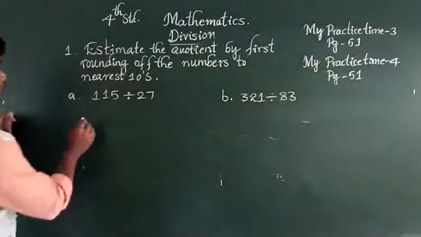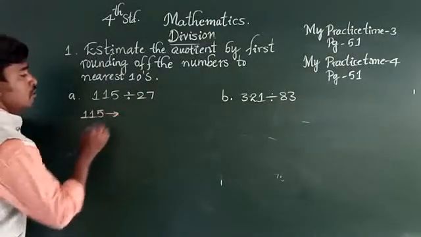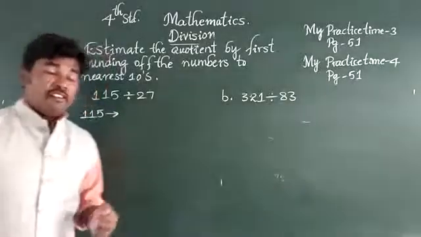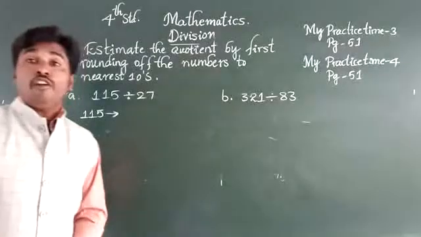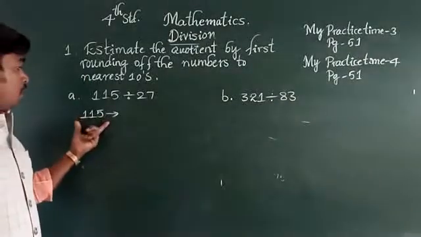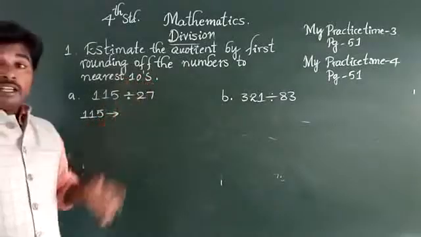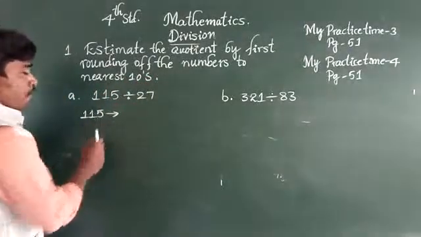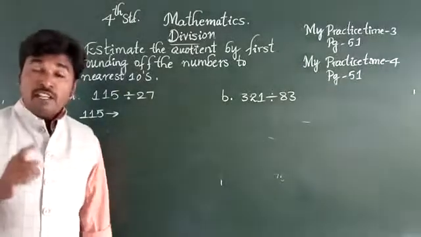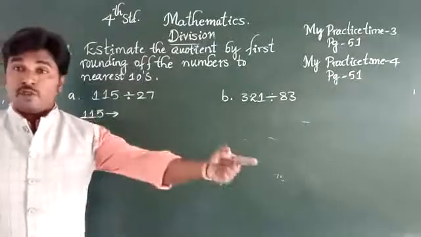Okay, here you take the first number, it is 115. What number do you get when you round this number to nearest 10? It's very easy, dear children. When you are rounding numbers to nearest 10, observe the last digit. It is 5. If it is equal to 5 or greater than 5, you go to the next 10.